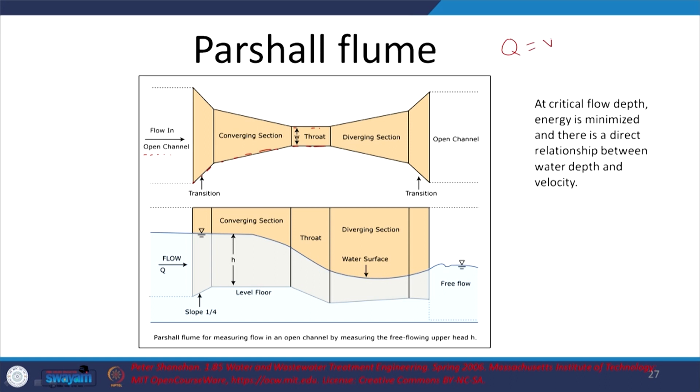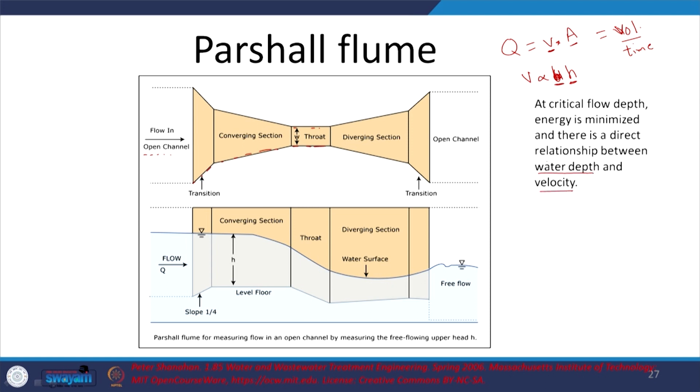Q is V times A, velocity times the cross-sectional area. Then I will get the volume per time, that is what I am trying to get. At subcritical flow, the velocity is not really proportional to the height of the flow, but at critical flow depth the energy is minimized, and there is a direct relationship between the depth of the water and velocity.